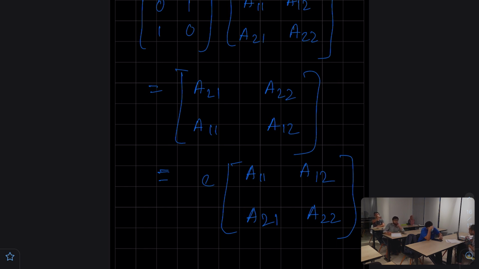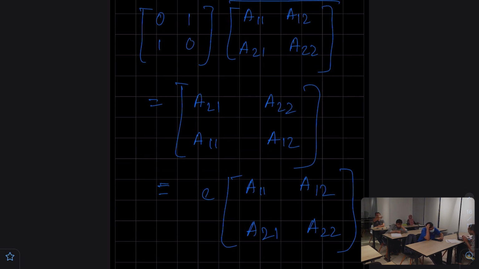So this way, just look at the first line and the last line. Applying E on that matrix is the same as multiplying that elementary matrix with the same matrix. So the action of the elementary row operation can be seen as multiplication by the corresponding elementary matrix. That's what we can see from here.